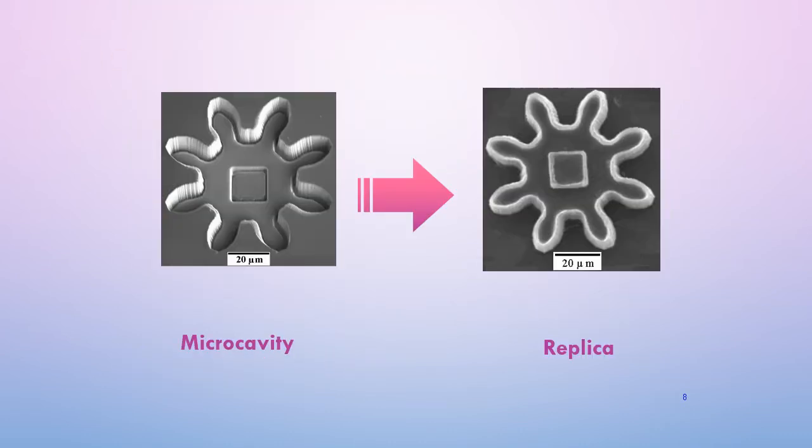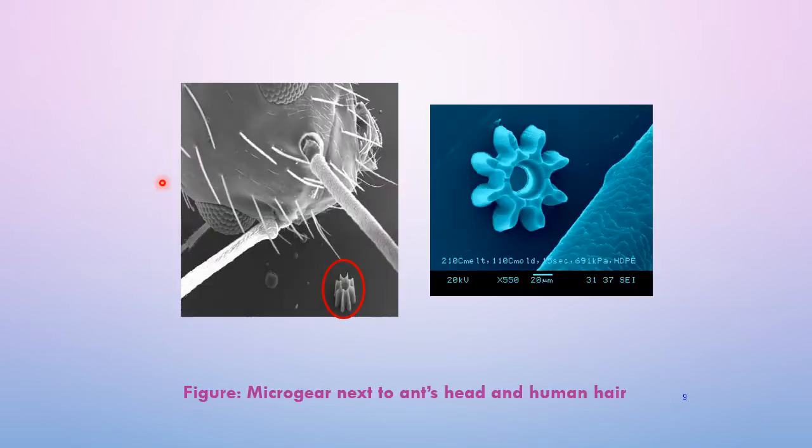This picture shows the microcavity for micro injection molding, and their replica will look like this one. This is a comparison of the micro gear next to the end of a pin head, and also this one is the human hair.